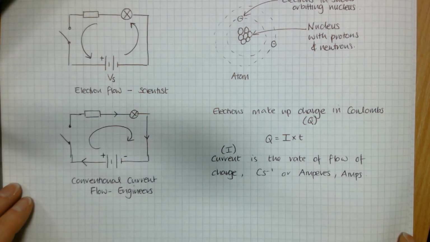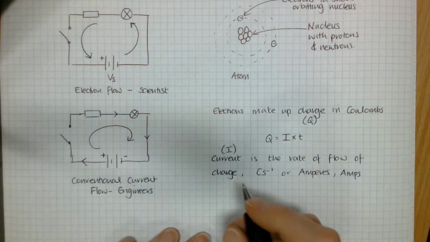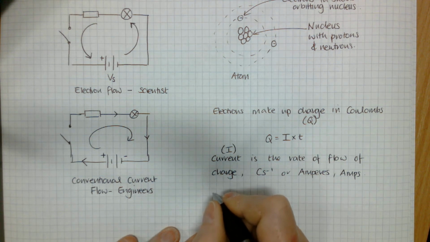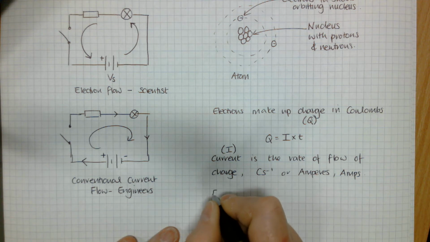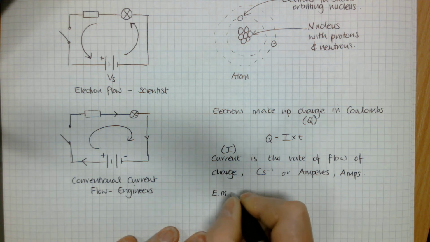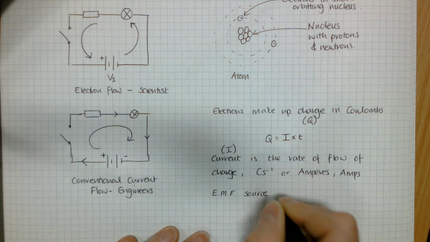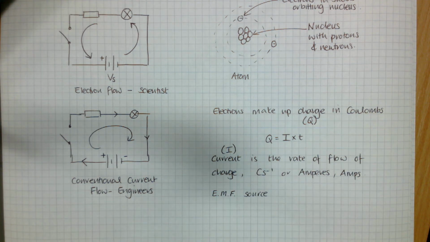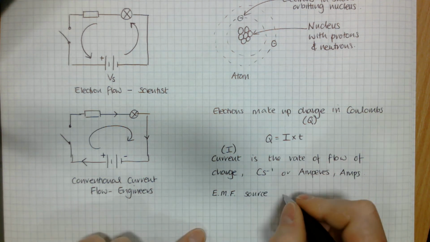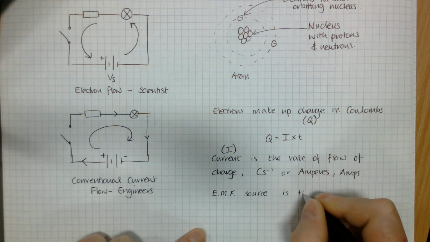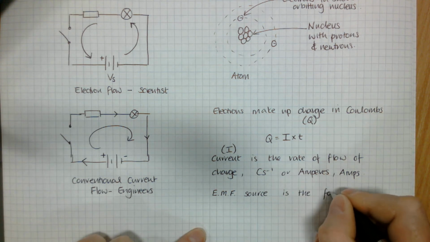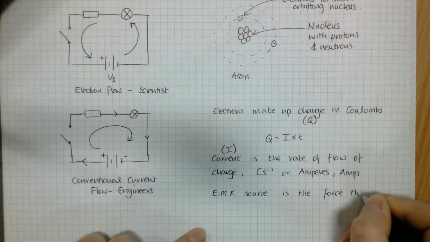So in our circuit, in addition to that, we've got our voltage source, which is really a source of EMF. So it's the force that attracts and repels the charge.